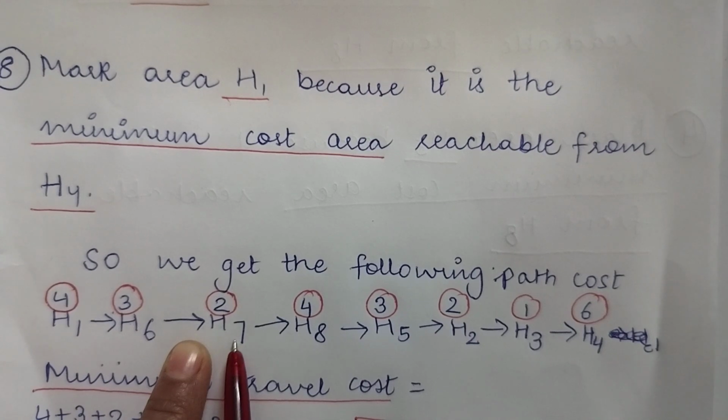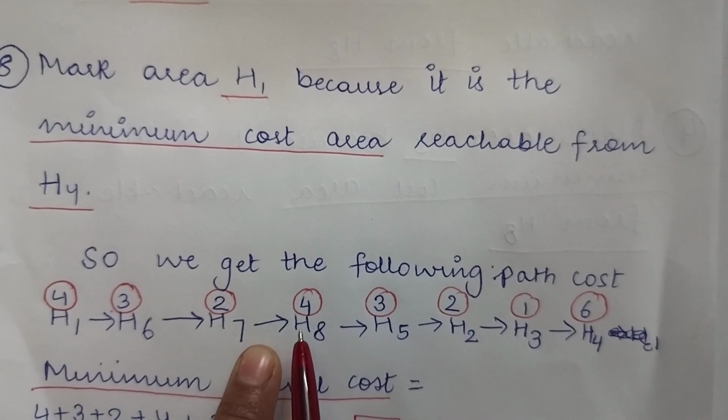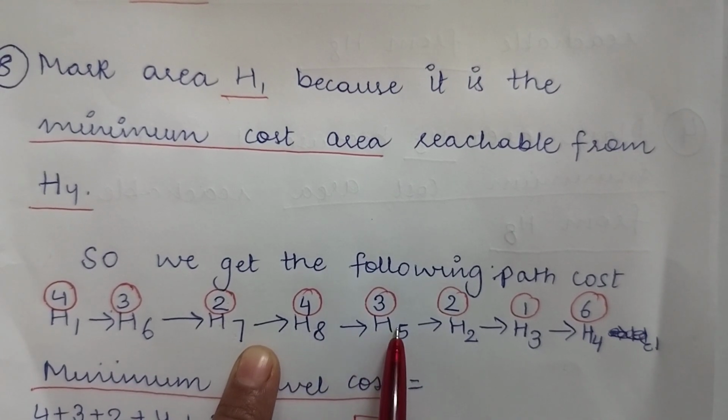The minimum cost area from H7 is H8 and the cost of reaching from H7 to H8 is 2. Now since H8 is the minimum cost area from H7, we have to find out the minimum cost area from H8.